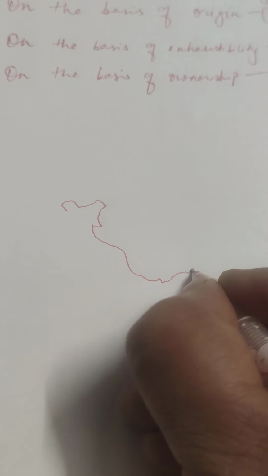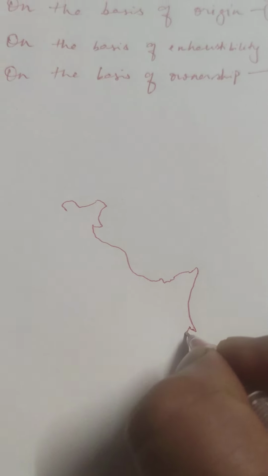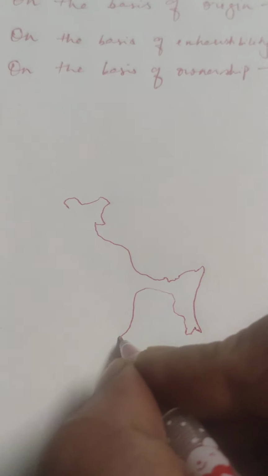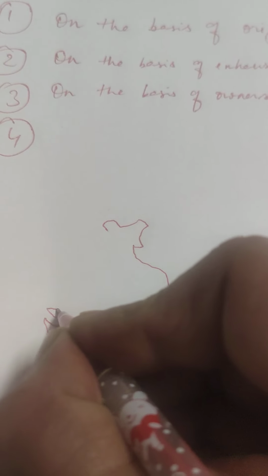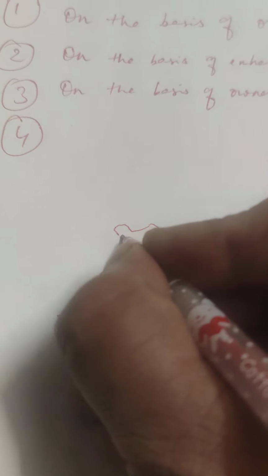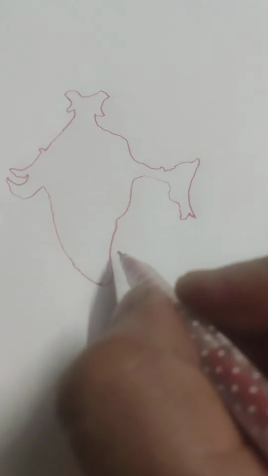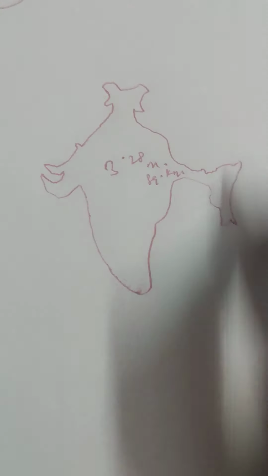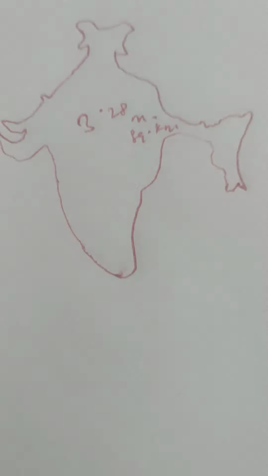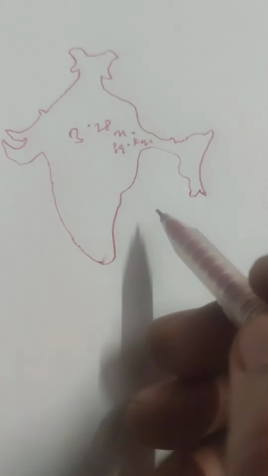If we see, it is a peninsular country. I'll just draw a map. Now this land area is 3.28 million square kilometer. Any resource that is within this area is a national resource.